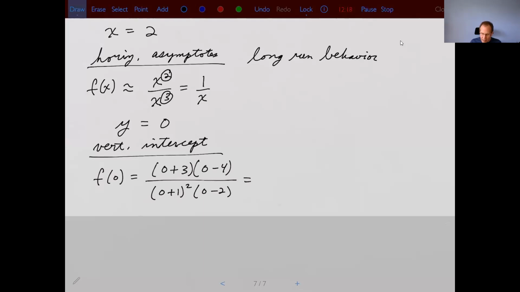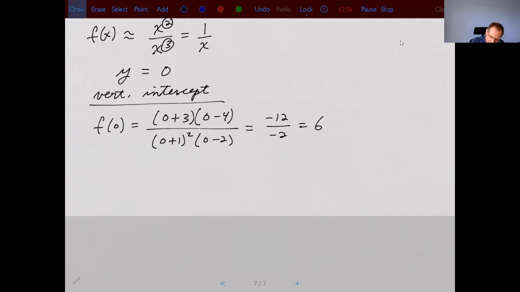So if I work this out, 0 plus 3 is 3. 3 times -4 is -12. And then 1 squared is 1. 1 times -2 is -2. So it looks like that's a +6. So I'm going to have a vertical intercept at the point 0, 6.